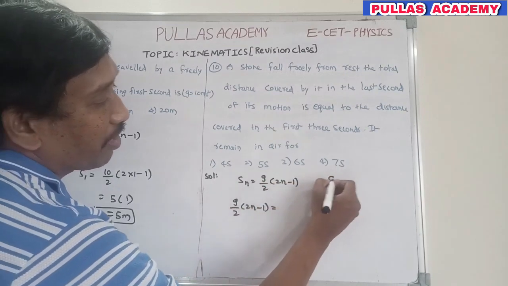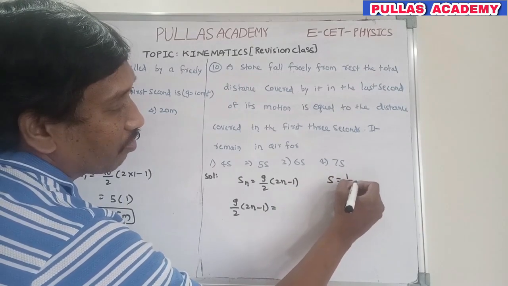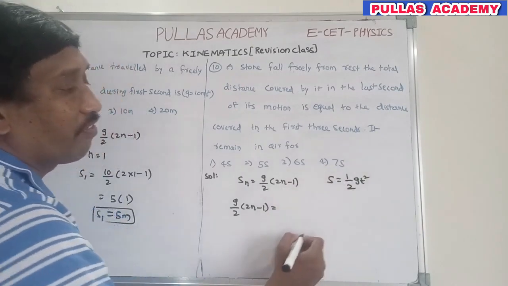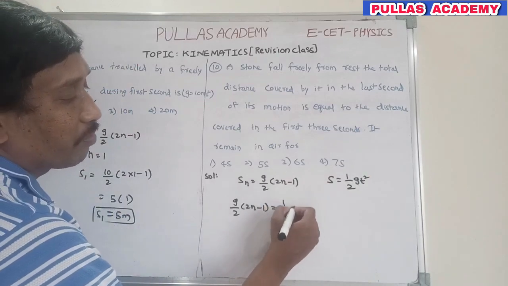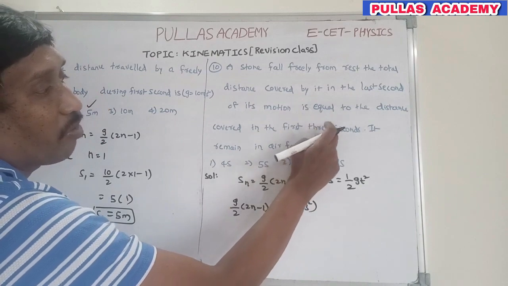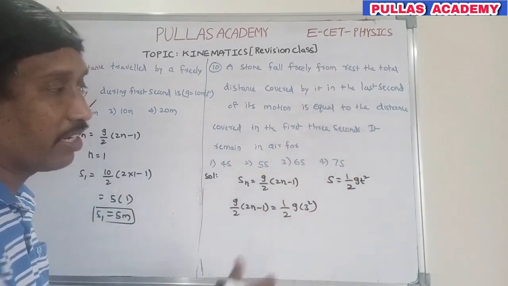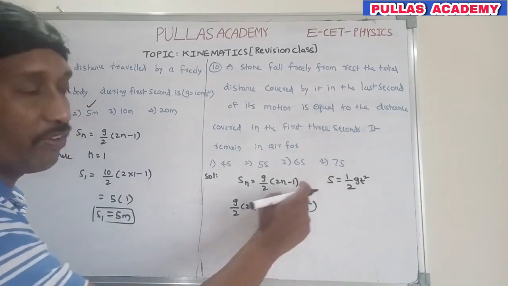For a freely falling body, s is equal to half g t square. So substitute t equal to 3 seconds. It is not the third second. 3 seconds means the total given time, so use the second kinematic equation, with u equal to 0 for a freely falling body.